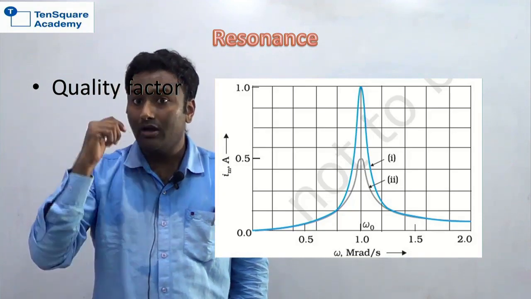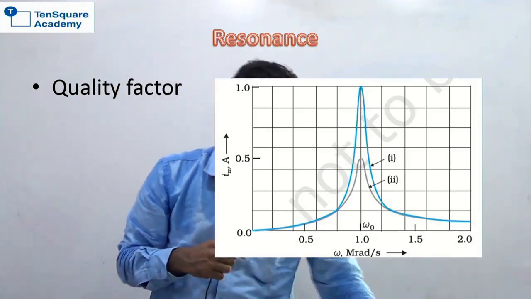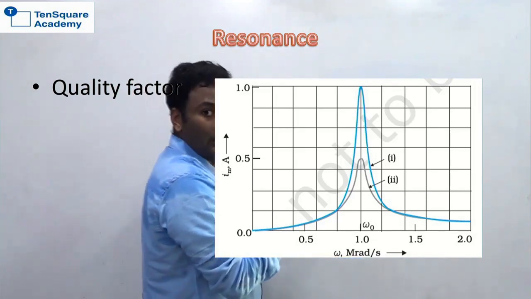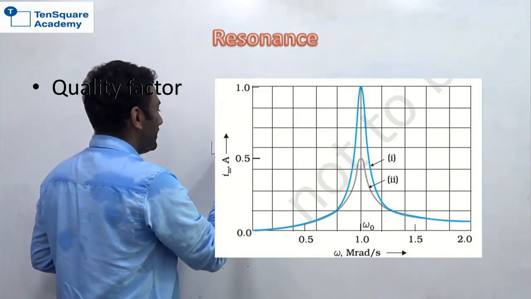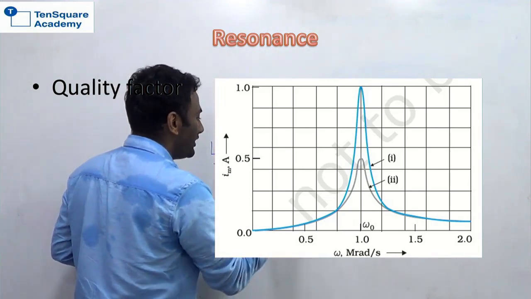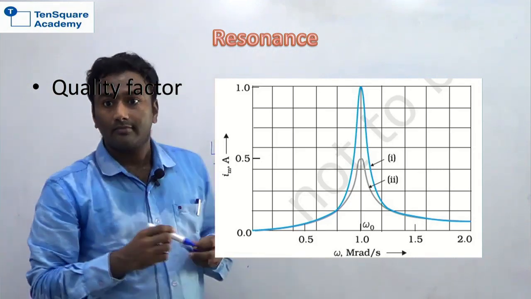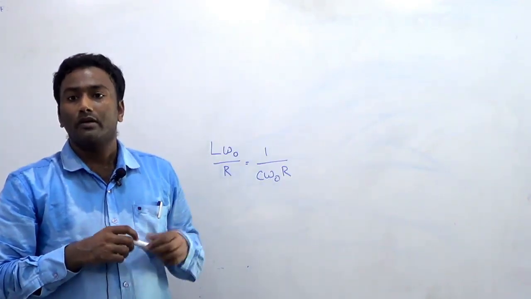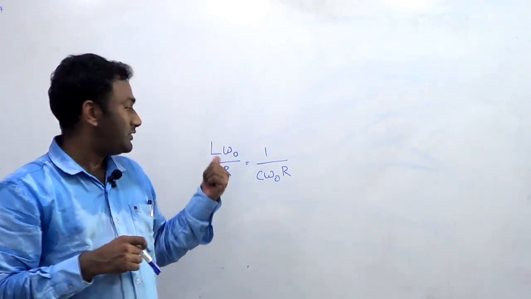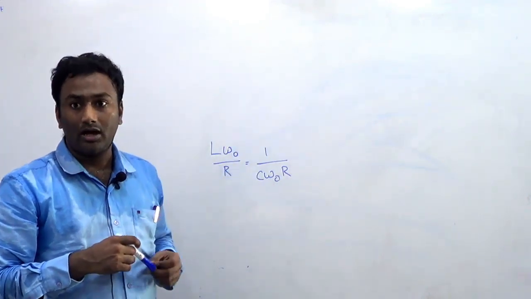It's L omega naught divided by R. So, quality factor has two formulas. One formula is L omega naught by R. This is also equal to 1 by C omega naught R. So, these two are the formulas. The first formula is L omega naught by R, the other one is 1 by C omega naught R.